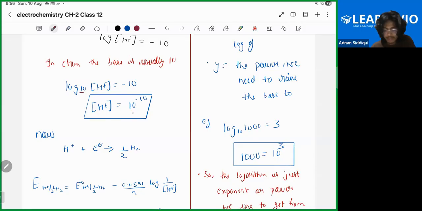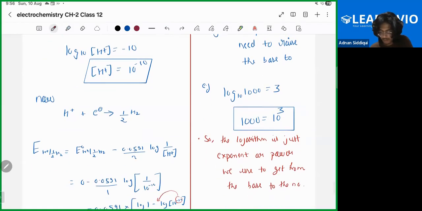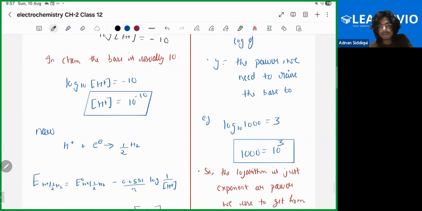This will convert into basically 10, and this will go into the power. Suppose here we have log 10,000, and if I send my log 10 to the right hand side, it will go like this, 10 to the power 3. Sir, so it works for other numbers as well, like log 100. In chemistry in this chapter, the usual term that you are going to use is log 10, so it is easier here.